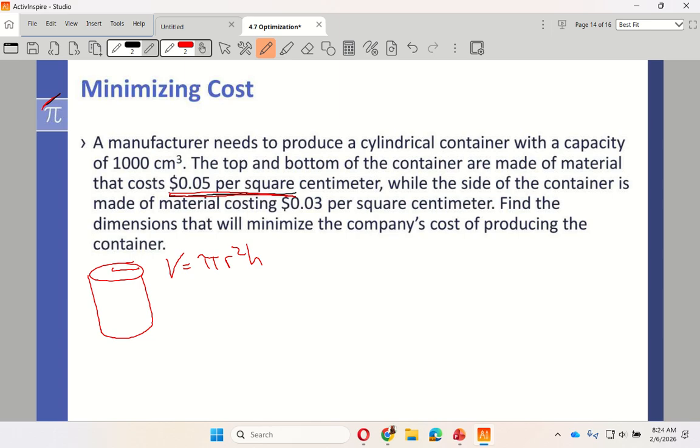So I'm trying to minimize the cost, right? Minimizing cost. So I'm going to do what with that? There's a clue in here.